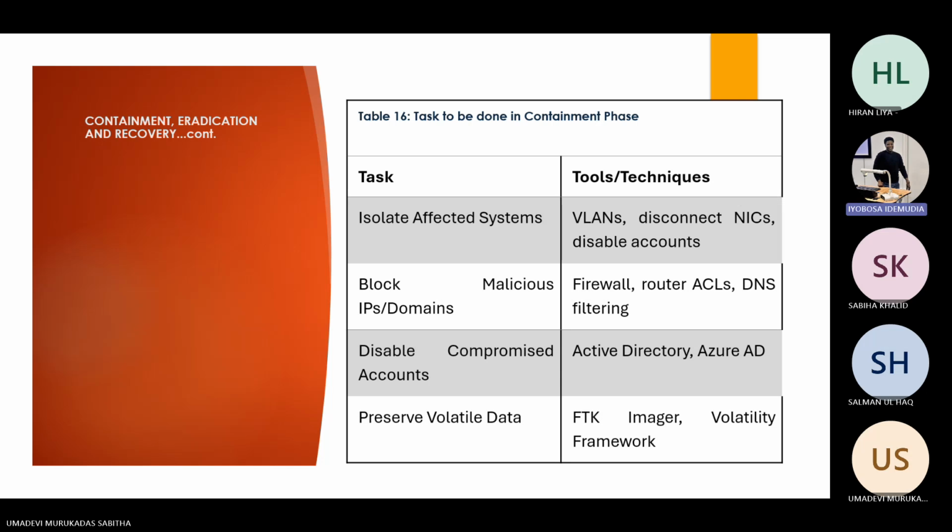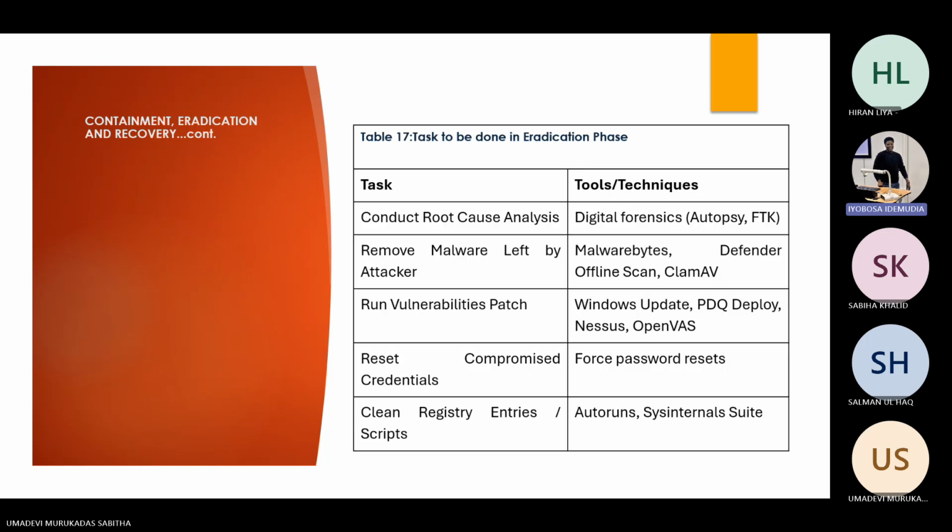So these are the following tasks that need to be carried out in the containment phase. One, we isolate the affected system, block malicious IP or domain, disable compromised accounts, then preserve volatile data. And in the other column, you can see the tools that we also suggested for the company to use while we do this.